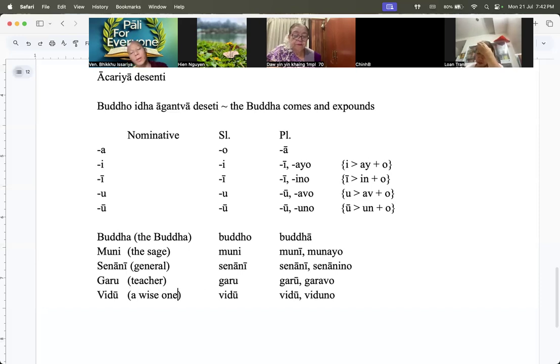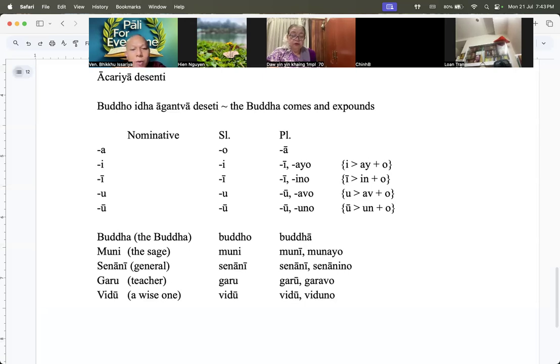So in this way it can be. Okay, so Buddho, Muni, Muniyo, Senani, Senani no, Garavo.